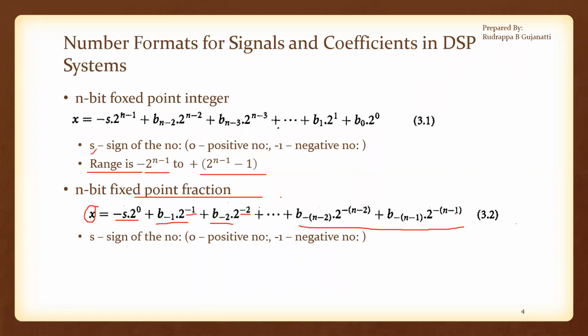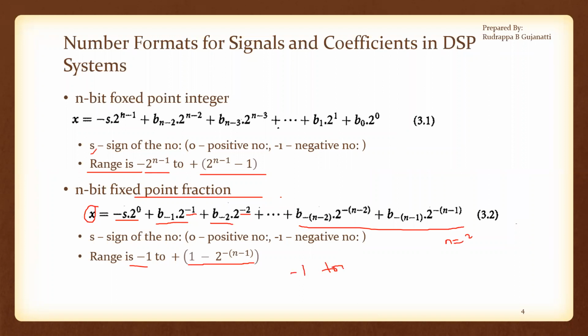Again, s is the sign of the number, 0 is positive and 1 is negative. And the range in this case will be from minus 1 to 1 minus 2 raised to minus of n minus 1. If I consider n is equal to 2, what will happen?